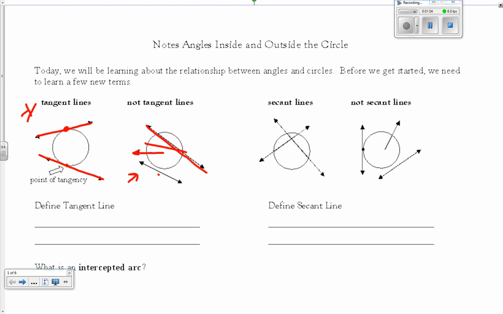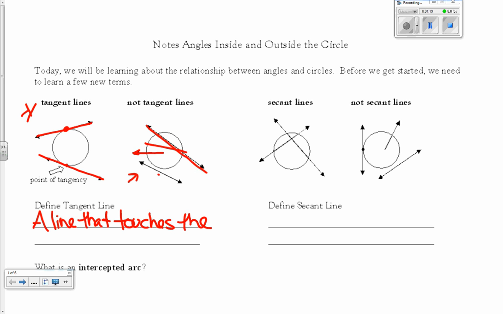So a tangent line is a line that touches the circle in exactly one location. Okay, so tangent lines are lines that touch the circle in exactly one spot.